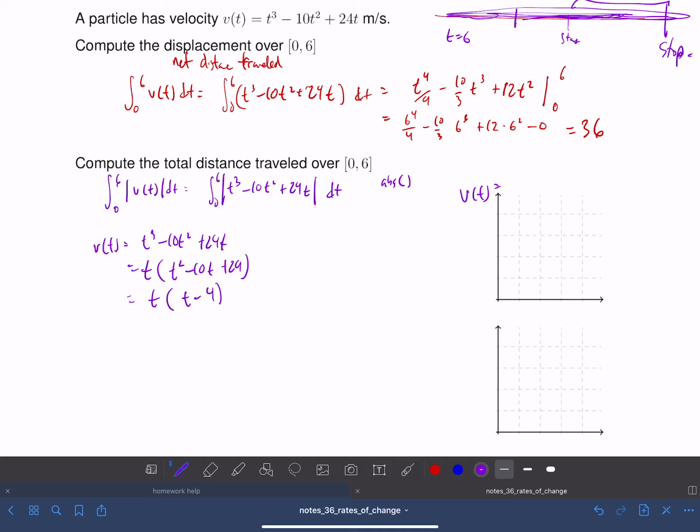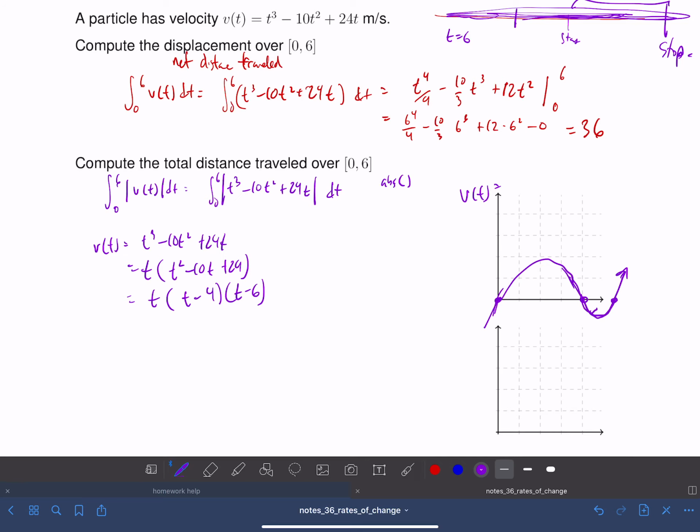So that's t times t minus 4 times t minus 6. So it's got a root at 4 and 6. Its leading coefficient is positive, and so the function goes like this.